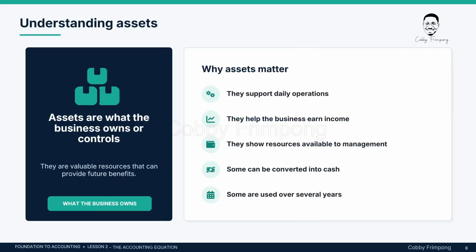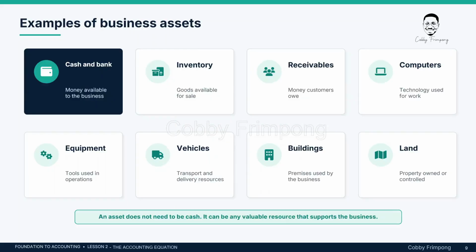Assets. An asset is anything valuable that a business owns or controls and can use to generate future benefits. Assets show the resources available to the business. If a business has money in the bank, that money is an asset.